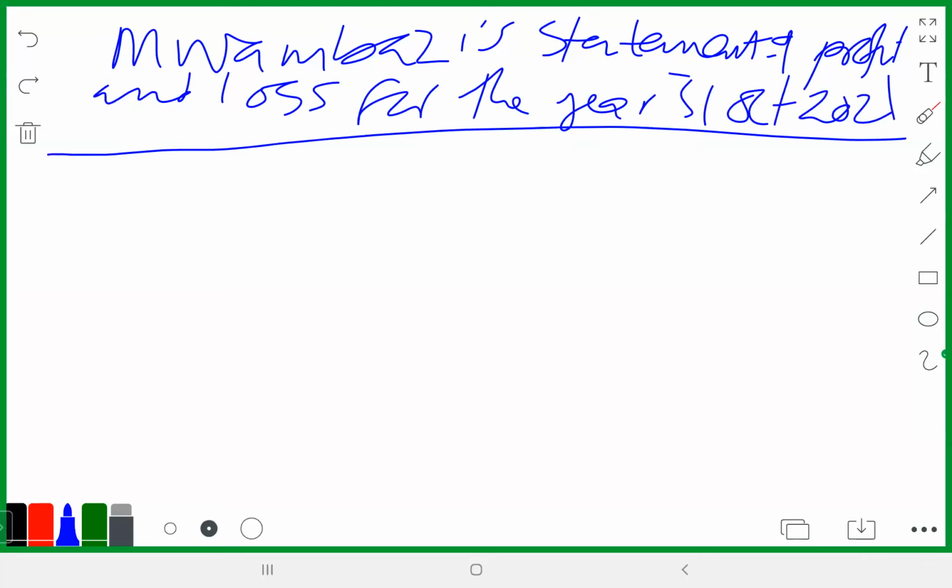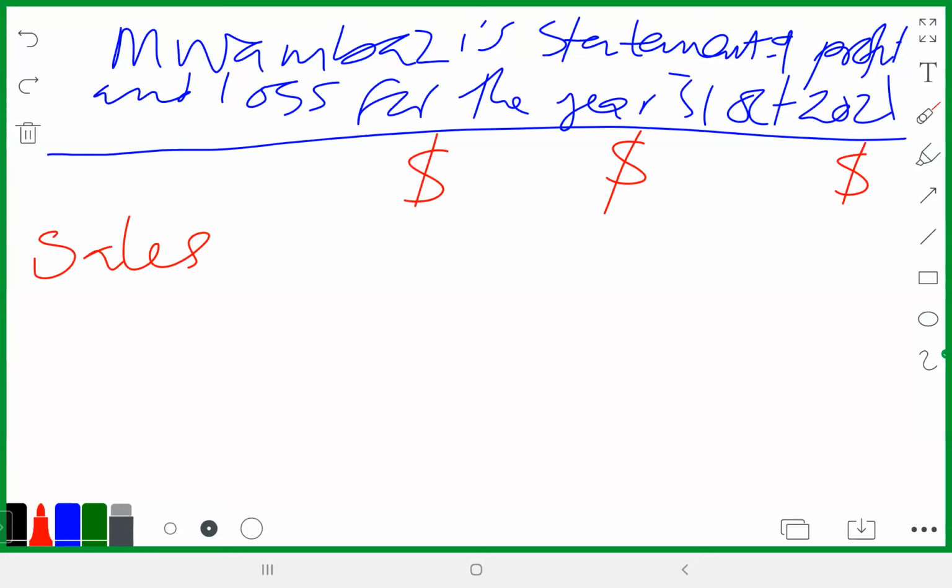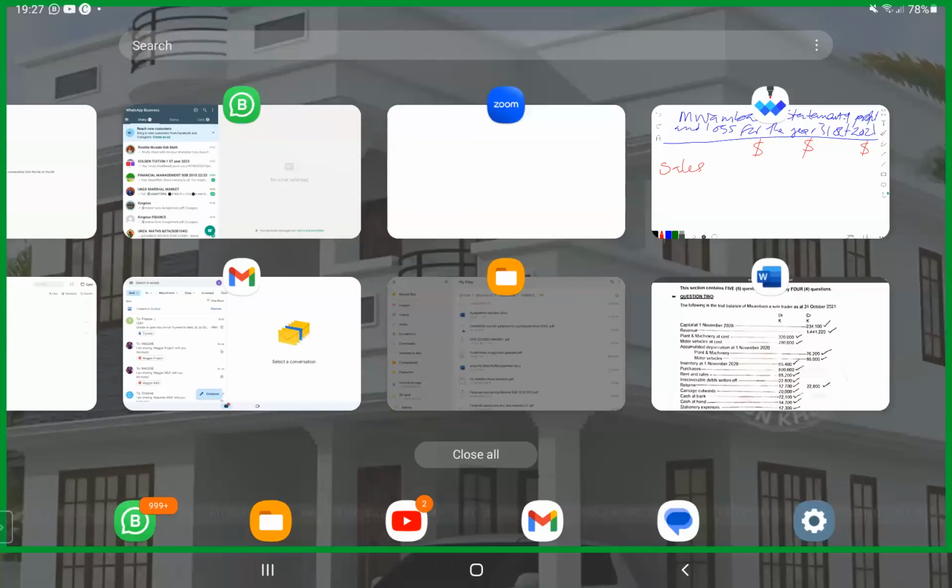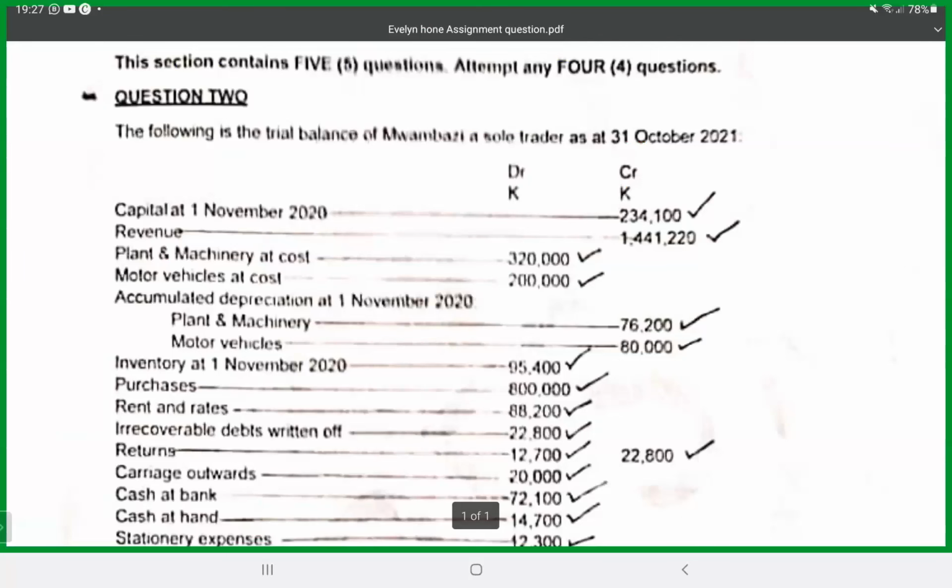Yes, sir. Okay, so we always start with the sales, isn't it? The sales or revenue, it's the same thing. Are you able to locate the revenue?